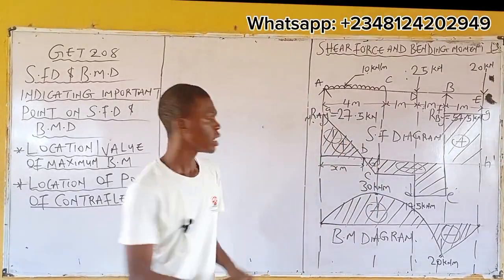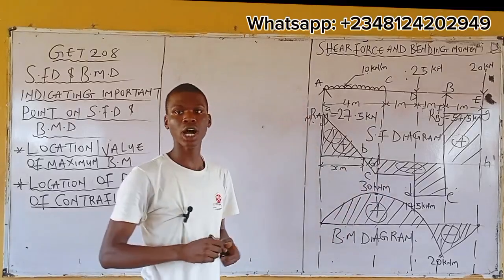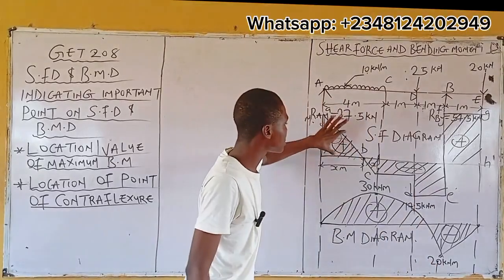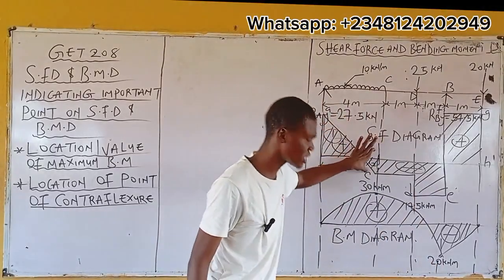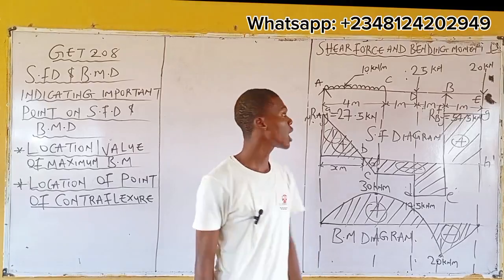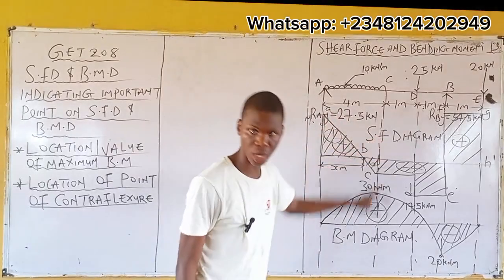Are we together? Using similar triangle means you can relate this first triangle with this second triangle. Any question on that?